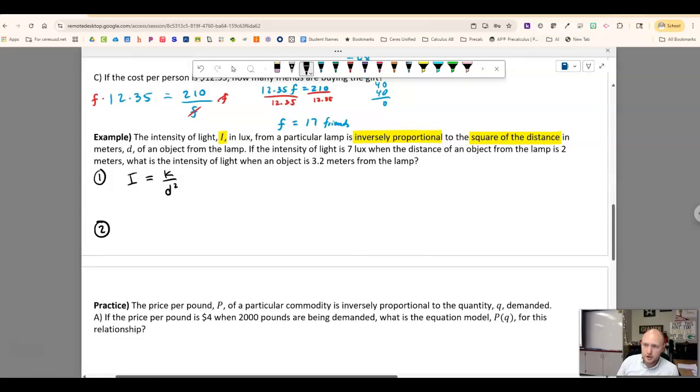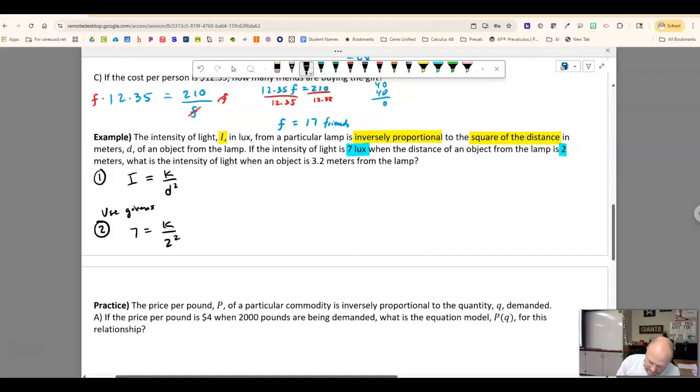Step 2, you're going to plug in the givens. So what did they tell us? They said if the intensity of the lamp is 7 lux when the distance of the object is 2 meters, okay? So we get 7 is equal to K over 2 squared, 2 meters.